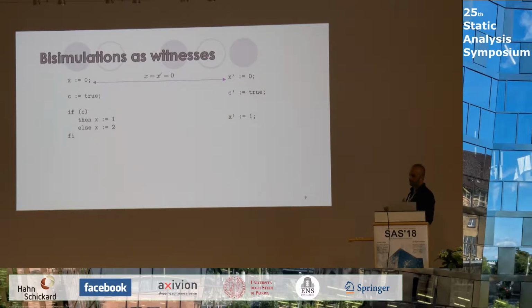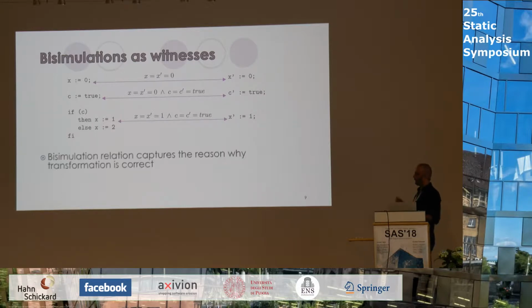We're going to have the same requirement for locations for the second command, and we're also going to require that c and c prime are true. And lastly, we're going to also require that states after the command x assigned 1 in the target program match the locations of the then branch in the source program.